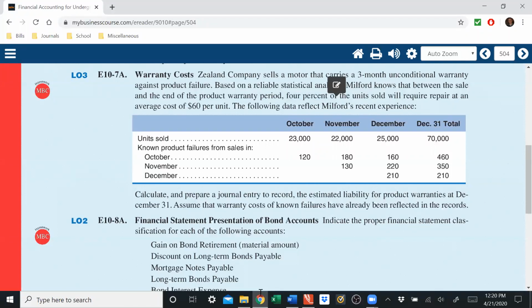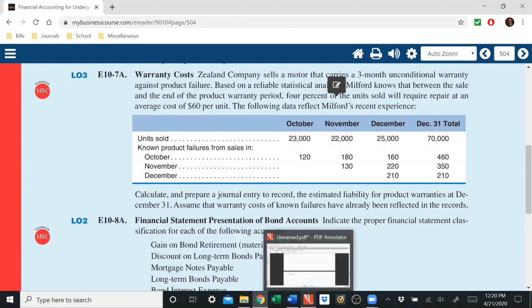You might wonder, well, what if the known failures are more than what you expected in a given month? Well, in this problem, that's not the case. And you won't have a problem where that is the case. All right, so we have to set up a table where in the columns we have the months.